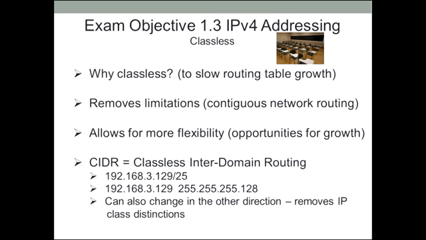So let's say you didn't need that many hosts, but you needed 2 networks. Well, by using CIDR, you could subnet that and break it in half. And what I mean by that is you could take and you'd write it down 192.168.3.1, and I'm going to pick, oh, and that's wrong. I've got a wrong slide. What do you know? It should be .128/25. So that is a correction I need to make.